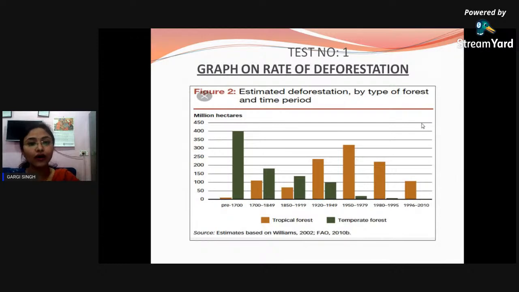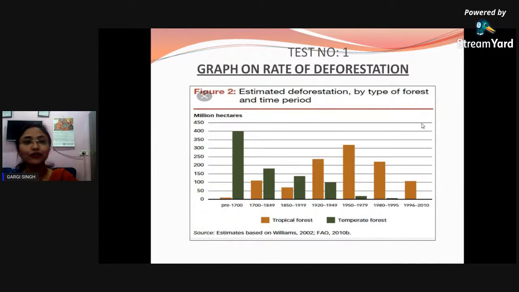In the horizontal line, the time period is given: pre-1700 era, then 1700 to 1849, 1850 to 1919, 1920 to 1949, 1950 to 1979, 1980 to 1995, and then 1996 to 2010.